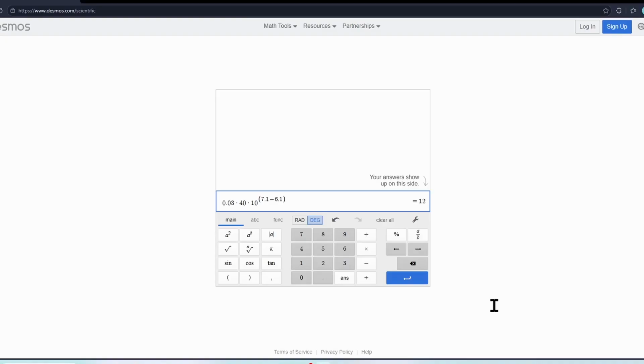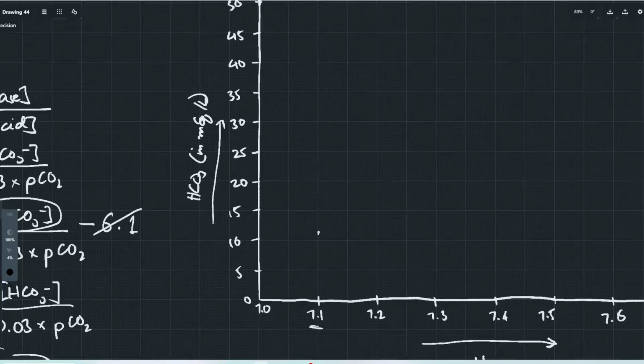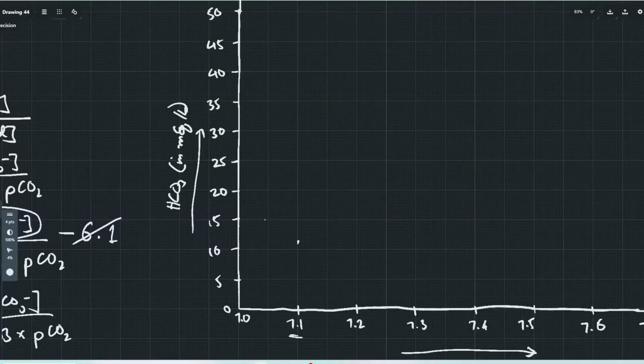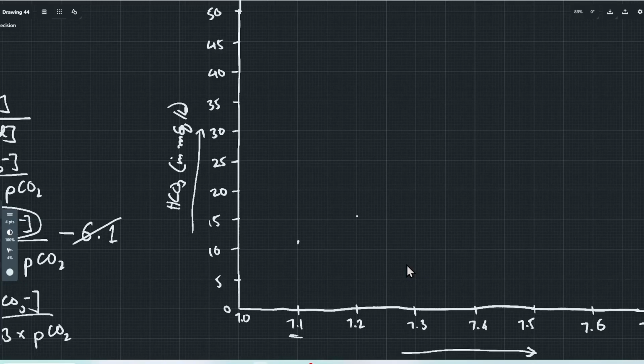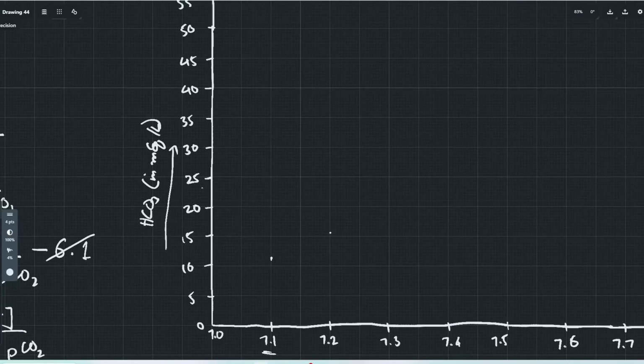Then for 7.2, it would be 15.1. So 7.2, 15.1, somewhere here. Then 7.3, it would be 19.01, so nearly 19, somewhere here. Let's put a dot here.